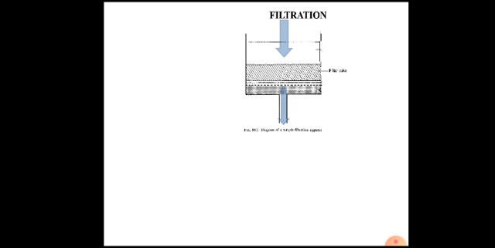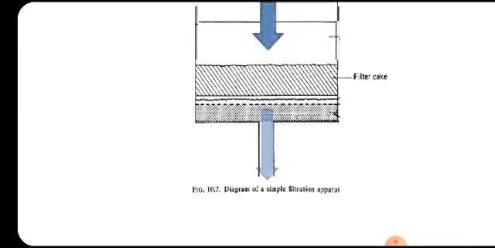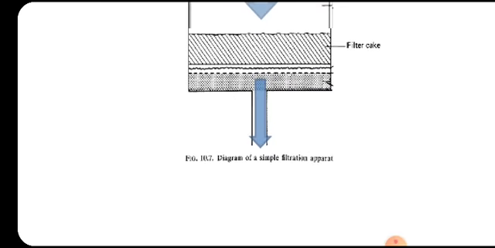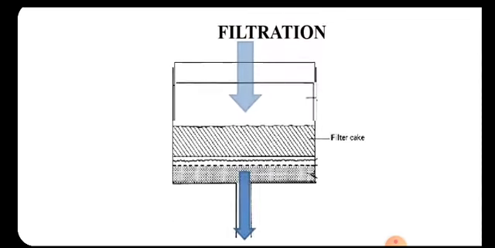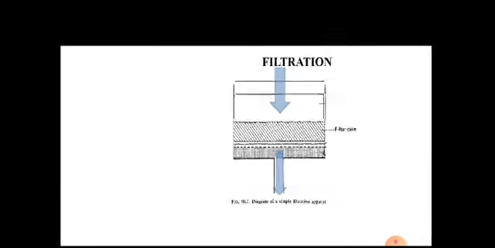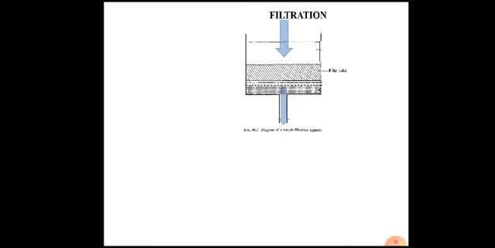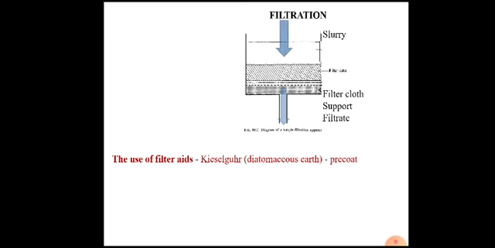So in order to keep the same flow rate, there may be use of negative pressure from the bottom, that is suction, or positive pressure from the top. So the problem of resistance to flow can be solved by application of positive or negative pressure. This is the principle of the simple filtration process.